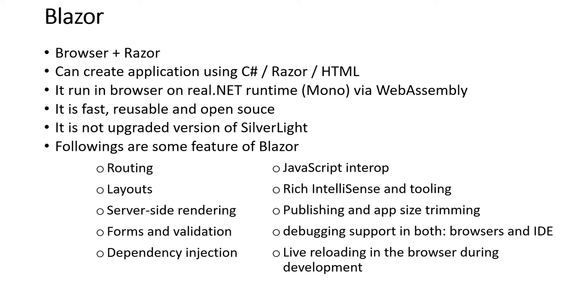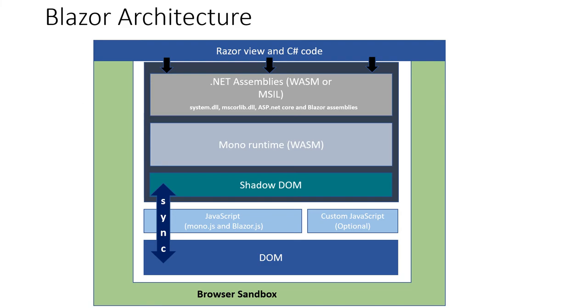Let's see the high-level architecture diagram of Blazor. As we see over here, Blazor works within the browser sandbox. When the code is compiled and hosted to the browser, it is in the form of WebAssembly and loaded into the browser.